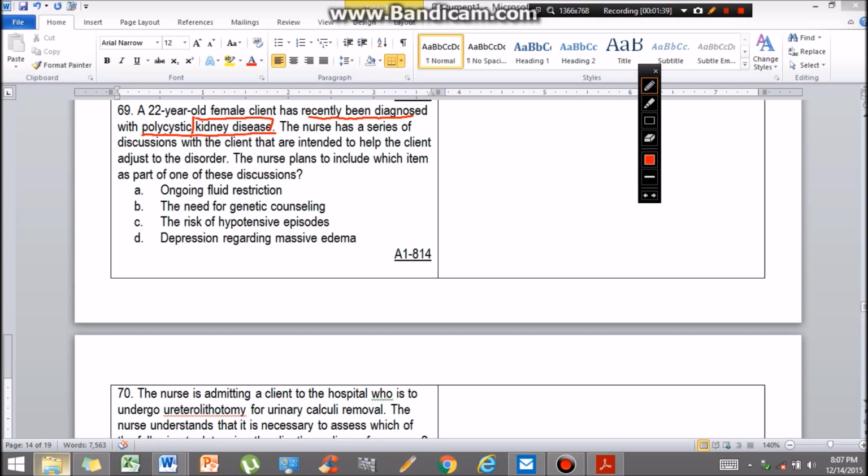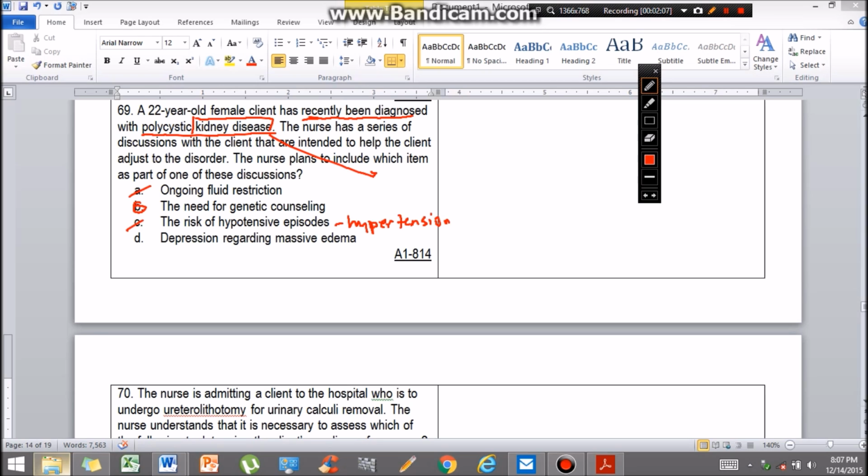Although fluid restriction may eventually be ordered, not at this time, because it is just a recent diagnosis. So it's too early for this. Next, eliminate C because risk for hypotension, it should be what? Hypertension, not hypotension. So eliminate C. Between B and D, the best answer here is Boston.